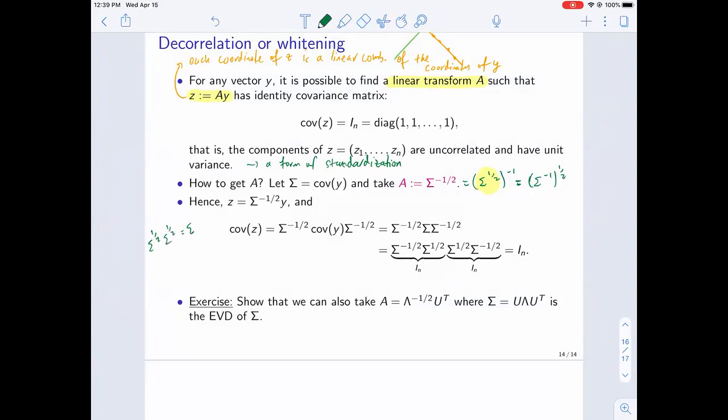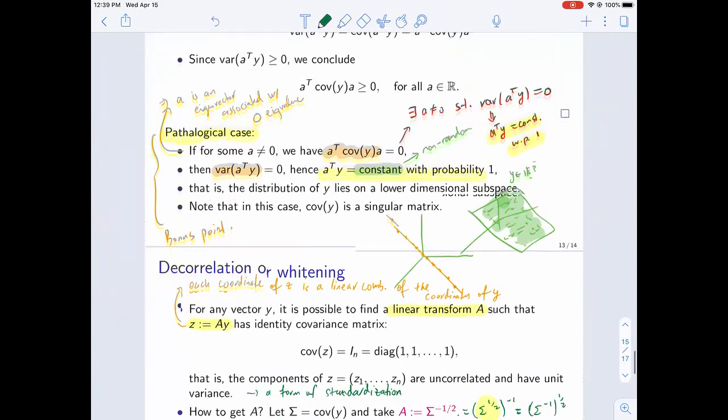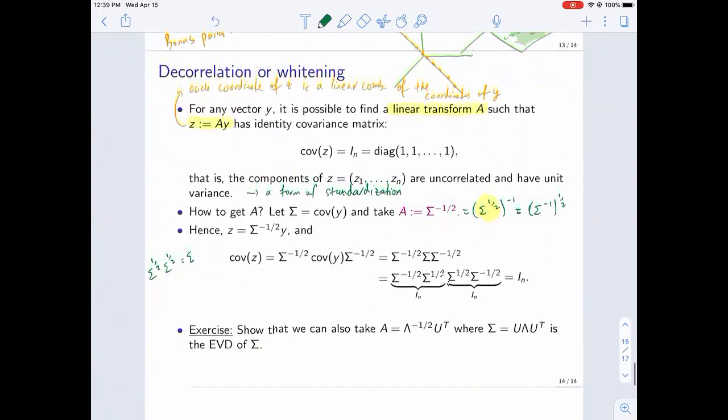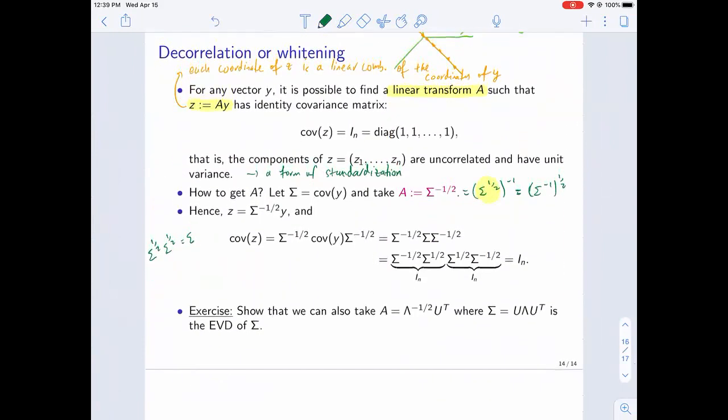So what matrices have a square root? Do all matrices have a square root? Positive semi-definite matrices do. So is sigma positive semi-definite? Yes, because we just showed that last time. So this is valid because sigma is positive semi-definite and has a square root.